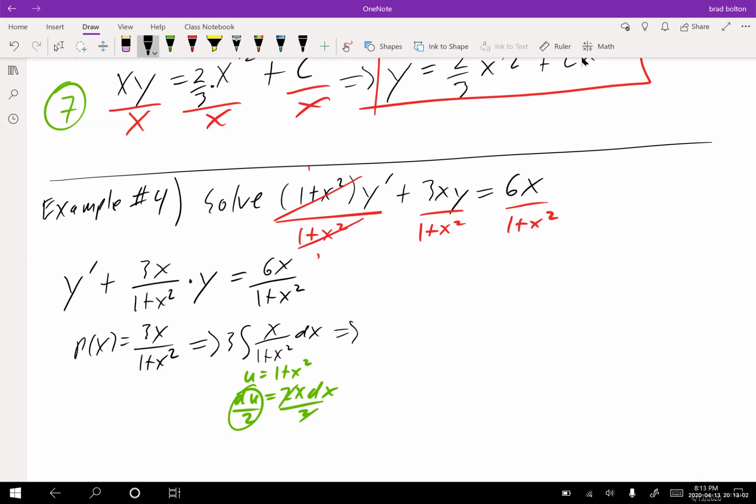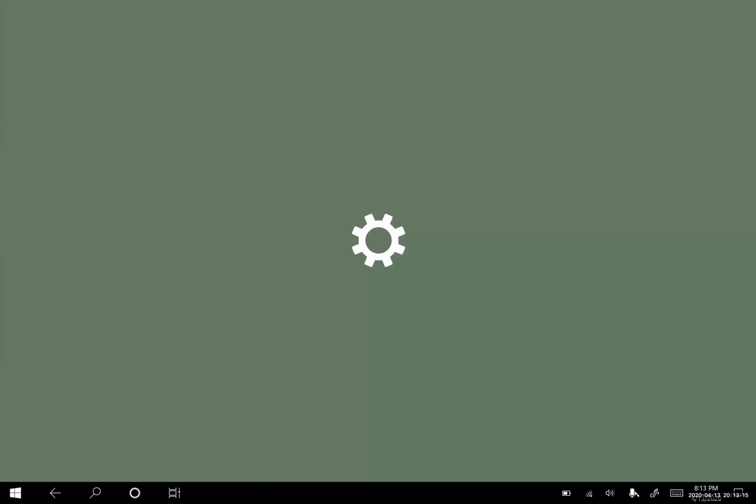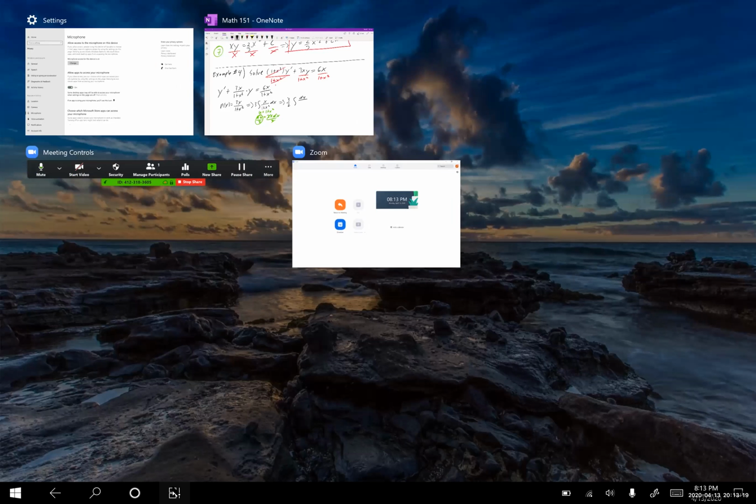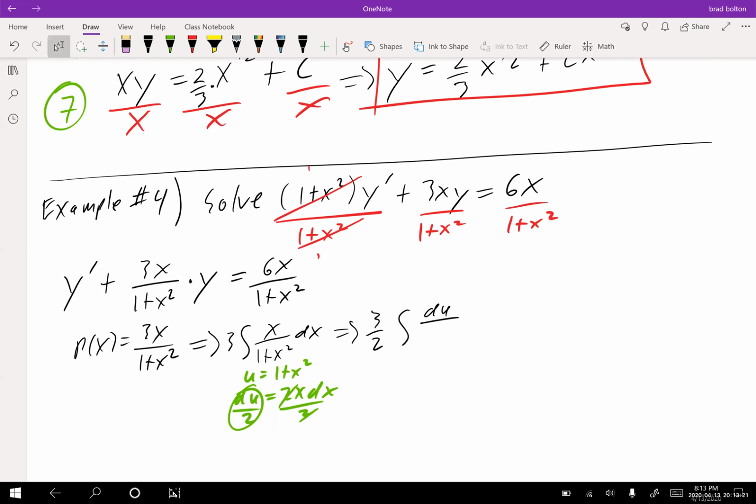So now we're going to have 3 integral. Oops, that's really 3 over 2, right? 3 over 2 integral of du over u.